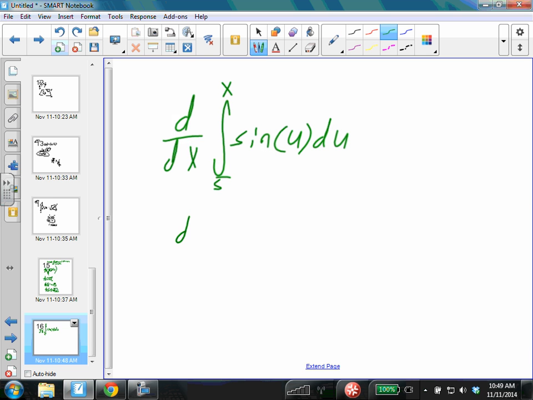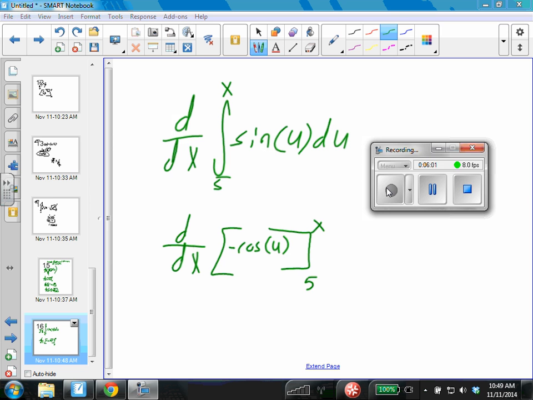So this is the derivative with respect to x of, and now what's the antiderivative of sine? Negative cosine of u, and we're evaluating from 5 to x.